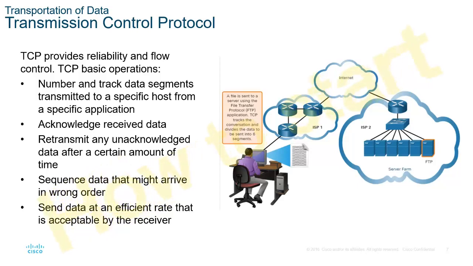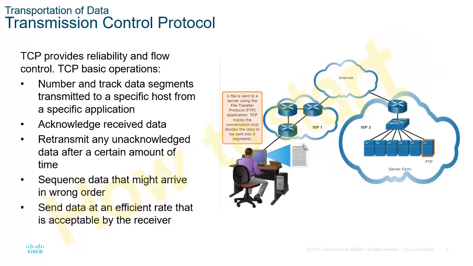The basic operation of TCP is essentially to number and track data segments that will be transmitted to specific hosts and specific applications. They will acknowledge the receipt of that data, and if they don't get an acknowledgement, they will retransmit data. They will also sequence the data so that if the data is received in the wrong order, the end device knows how to repackage the data so that it can be reconstructed.